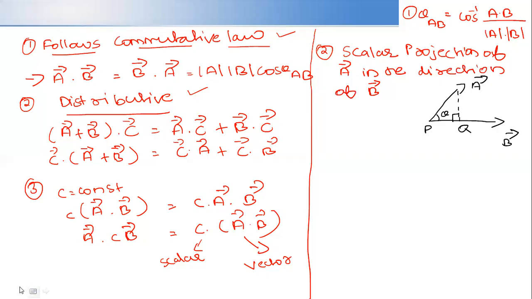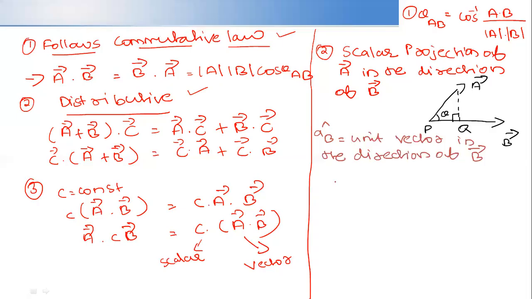We are going to see what is the scalar projection of A in the direction of B, and you have the unit vector AB cap. Last class I explained what a unit vector is and why we use it: its magnitude is 1, but it gives the direction. So AB cap will be the unit vector in the direction of B.